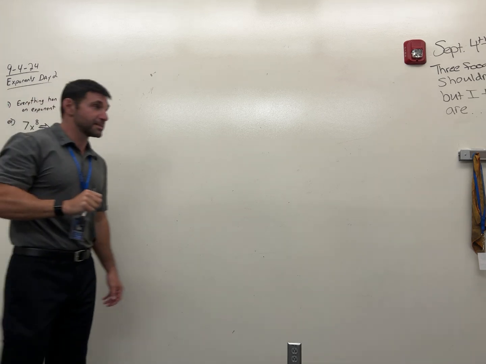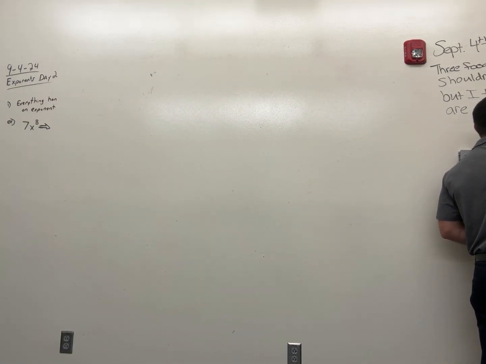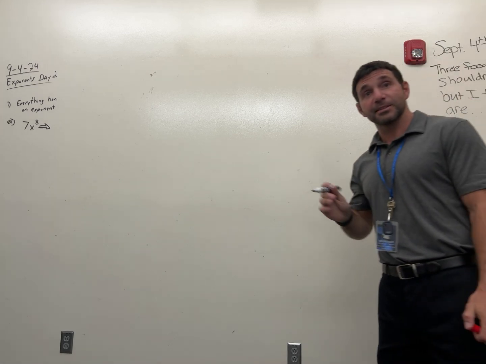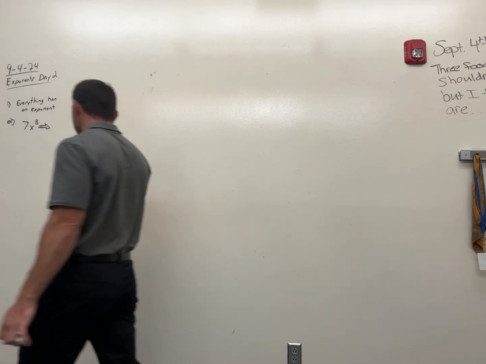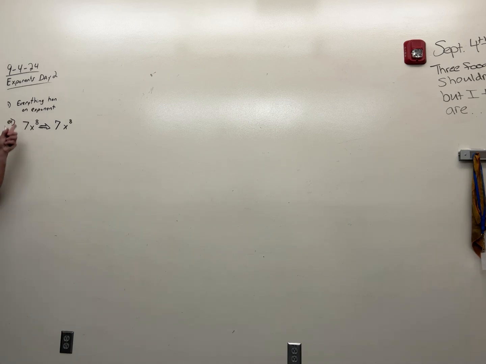There are 2 bases there. What are the 2 bases? 7 and x. 7 is a base, x is a base. Which of those bases does not have an exponent? 7.